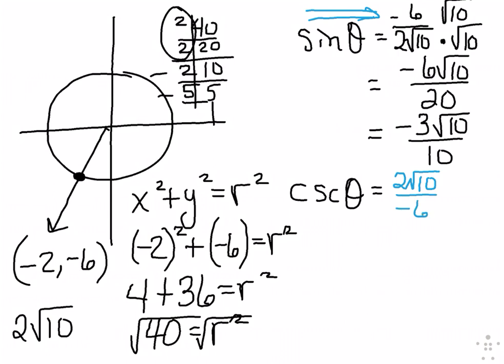If you flip over the end result, you still have that root in the bottom. Can I reduce that? By what? 2. Awesome. What's 2 divided by 2? Nice job. Now, I put root 10 over -3. If you put negative root 10 over 3, that's fine. As long as you have a negative in there somewhere, I don't really care.